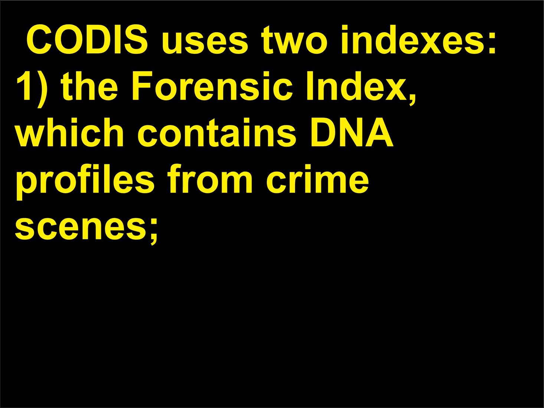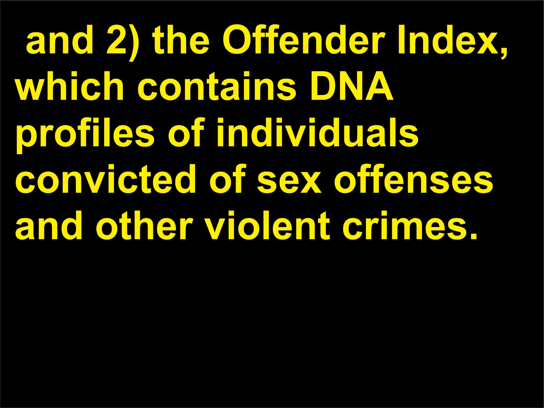CODIS uses two indexes: 1, the forensic index, which contains DNA profiles from crime scenes, and 2, the offender index, which contains DNA profiles of individuals convicted of sex offenses and other violent crimes.